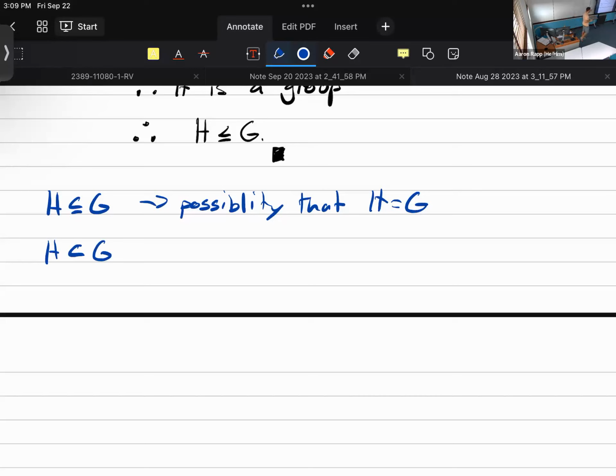So now this is saying H is a subset of G and H cannot be equal to G. So when it goes to subset language or subgroup language, if our subset is allowed to also be the entire set, we keep that; otherwise, H would be a strict subgroup, I guess you could say, of G. All this is trying to say is that there are elements in G that are not in H.